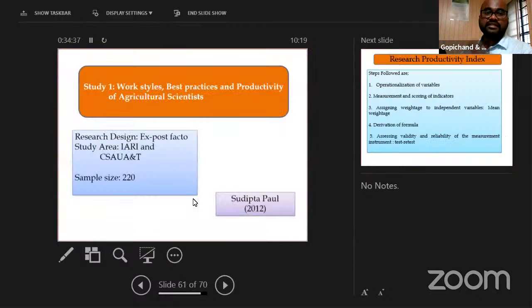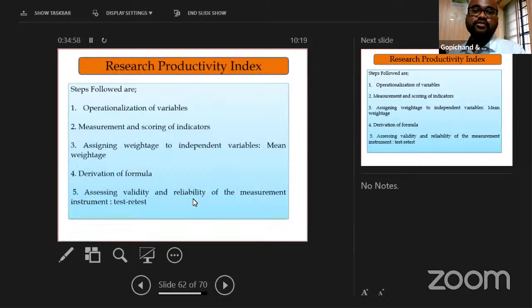Coming to the research studies, Sudipta Paul 2012 studied work styles, best practices, and productivity of agricultural scientists. The research design is ex post facto research design. The study area is IRA and CSAU, and the sample size is 220.